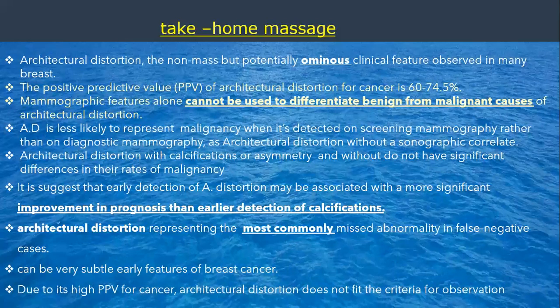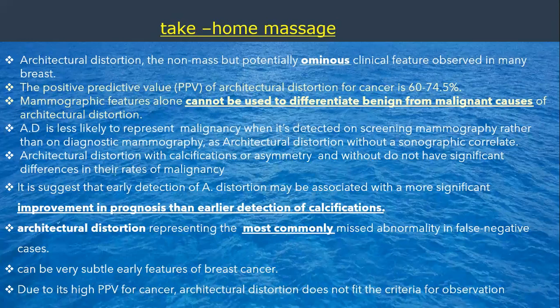Due to its high positive predictive value for cancer, architectural distortion should not fit the criteria for observation, unless the case is suspected fat necrosis or suspected post-surgical scarring. Once you prove this is an architectural distortion, you should not say the case is for observation.